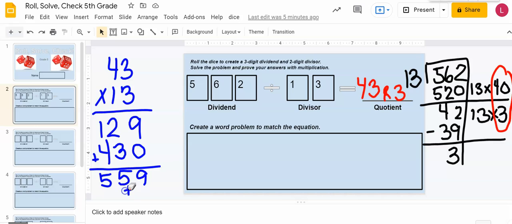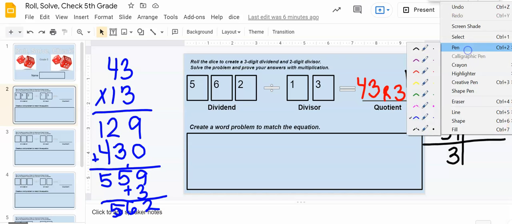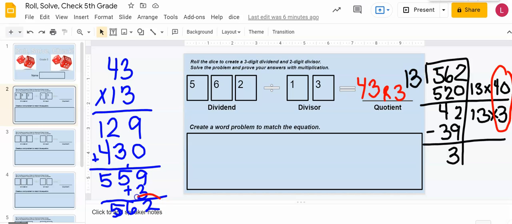And I'm going to add 3 more. And that's 12, 6, and 5. There we go. And so we proved our answer because this is the dividend.